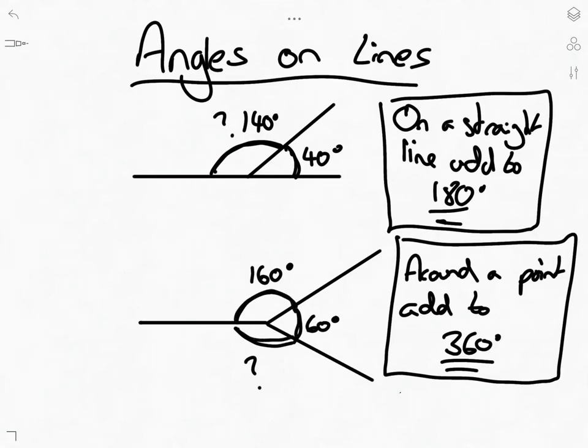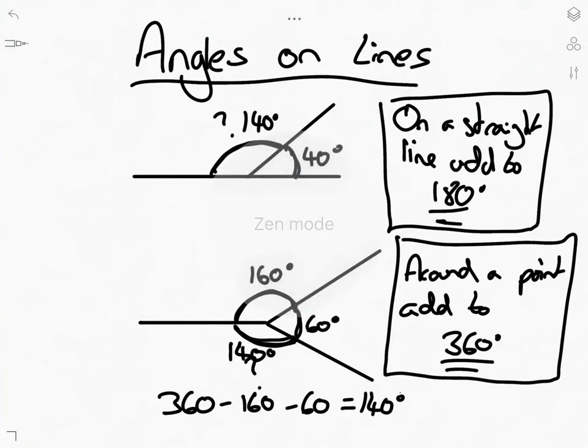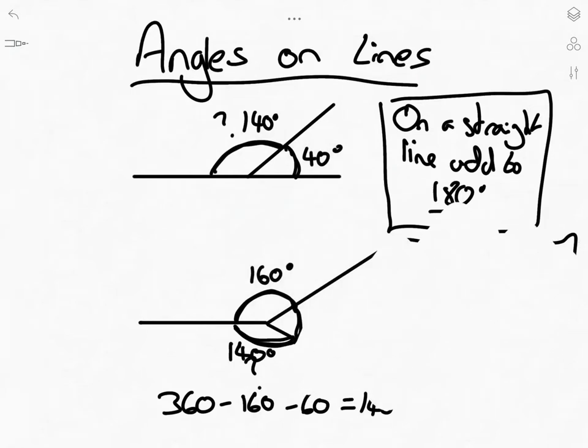We have 160, we have 60, and we have a missing angle. What's the missing angle? Well, it has to add up to 360, so we can do 360 take away 160, it's 200, take away 60, 140 degrees. So both of them were 140. There you go. I don't expect you to have any questions about that, but if you do, you need to let me know, because we should all know this. I don't want to spend any longer on it.